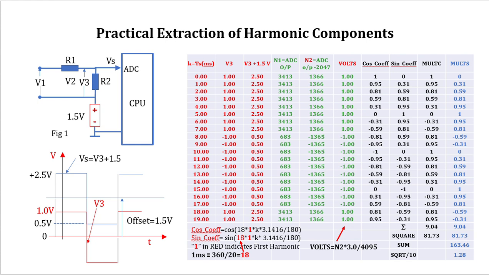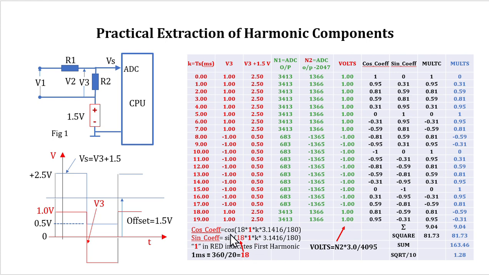So friends, I want you to go back to this sheet, try to fully understand this procedure, how to get coefficients for different harmonic components. You have different coefficients. Why?